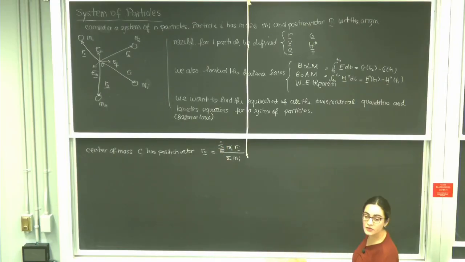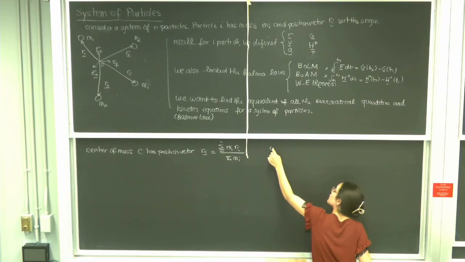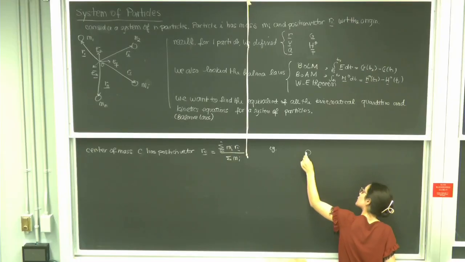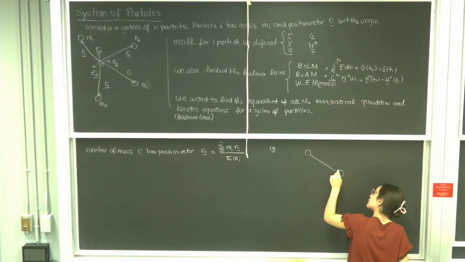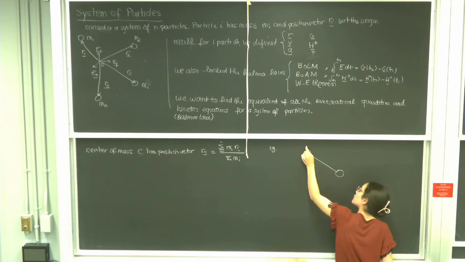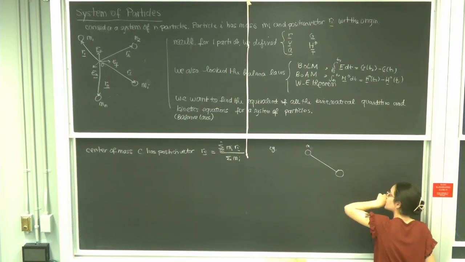Okay, let's consider an example. Let me consider a dumbbell with mass m on this side, and mass 4m on this side.